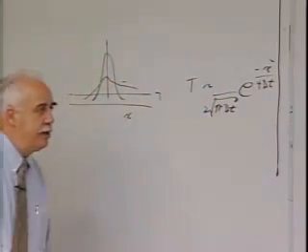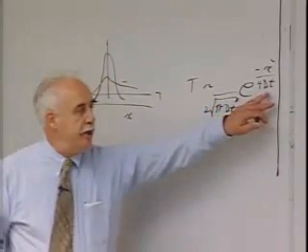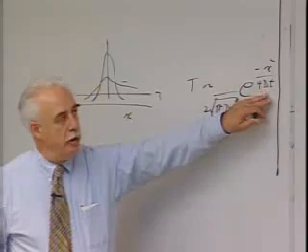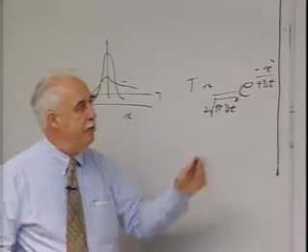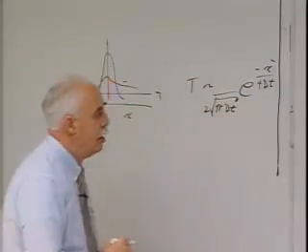Think of it as a one-dimensional normal distribution, except instead of 2 variance squared here, you've got 4 times the diffusivity times time.